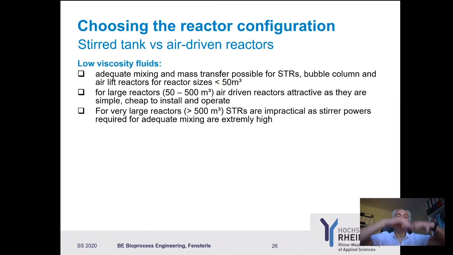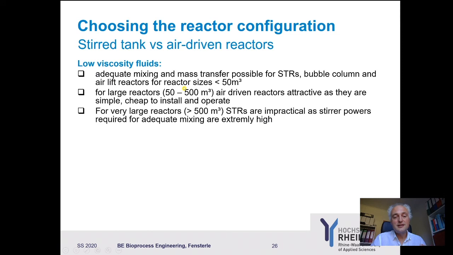If you go up to higher volume, 50 cubic meters is already something. These are 50,000 liters. These are huge bioreactors. But if you go now from huge bioreactors to very large bioreactors, then air-driven reactors become more and more attractive, because the power input you need for stirred tank reactors in these dimensions is extremely high.